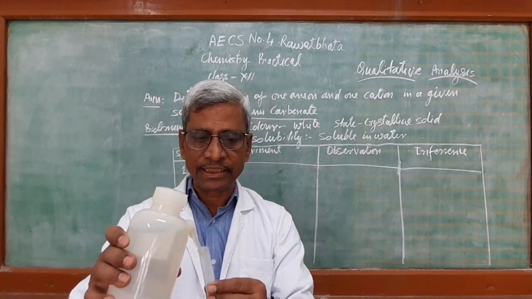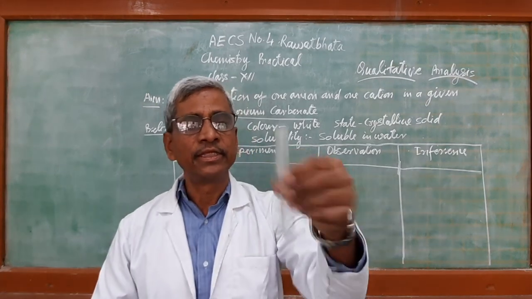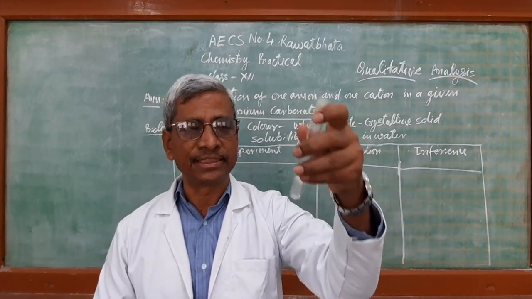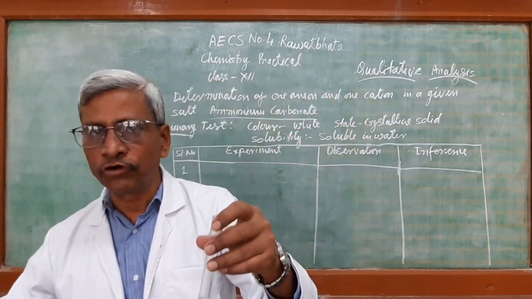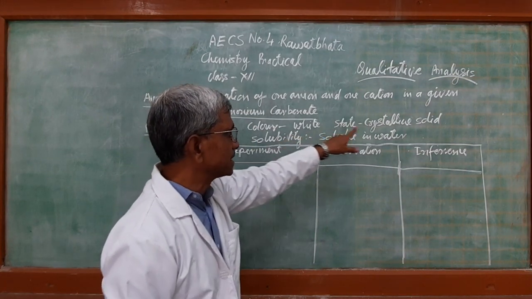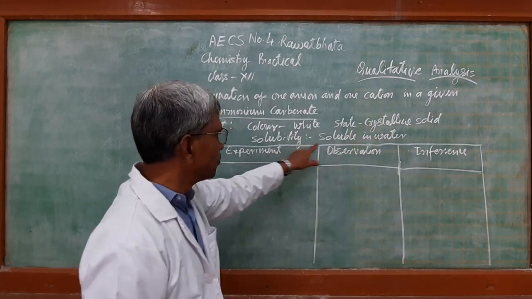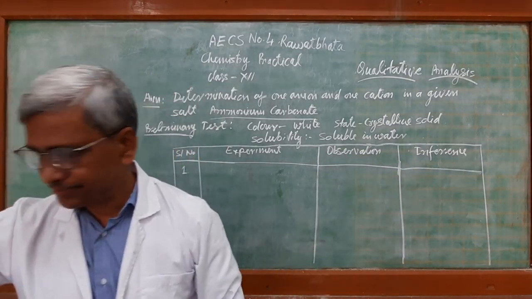We check whether it is soluble in water or not. The salt is going to disappear. This shows that it is soluble in water. So here it is white in color, crystalline solid and soluble in water. That is the solubility test.